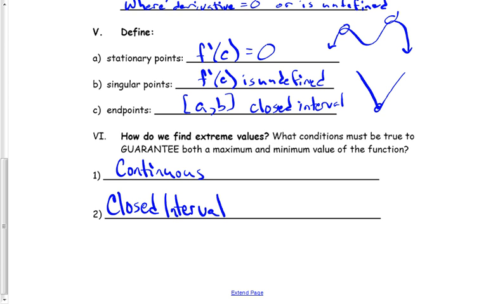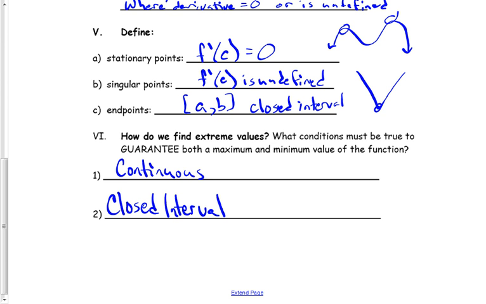Just open to page 249 and read it to yourself really quick. Not a lot of words there, right? Pretty simple idea. If the graph's continuous and it's on a closed interval, guaranteed there's a max and there's a min. Here's how we apply it.